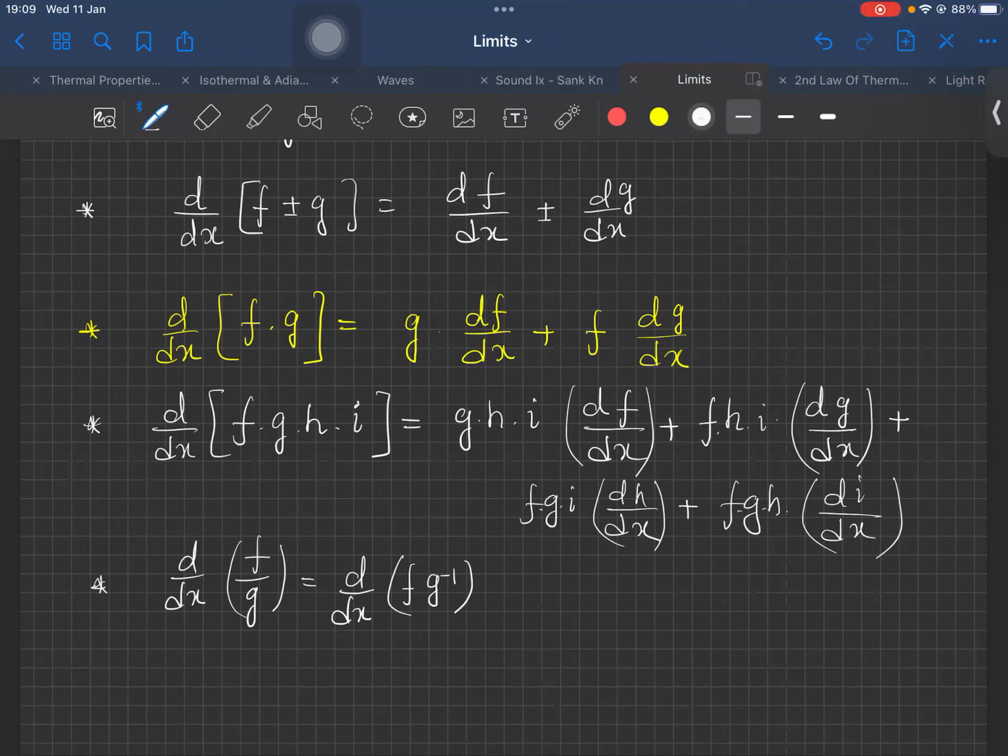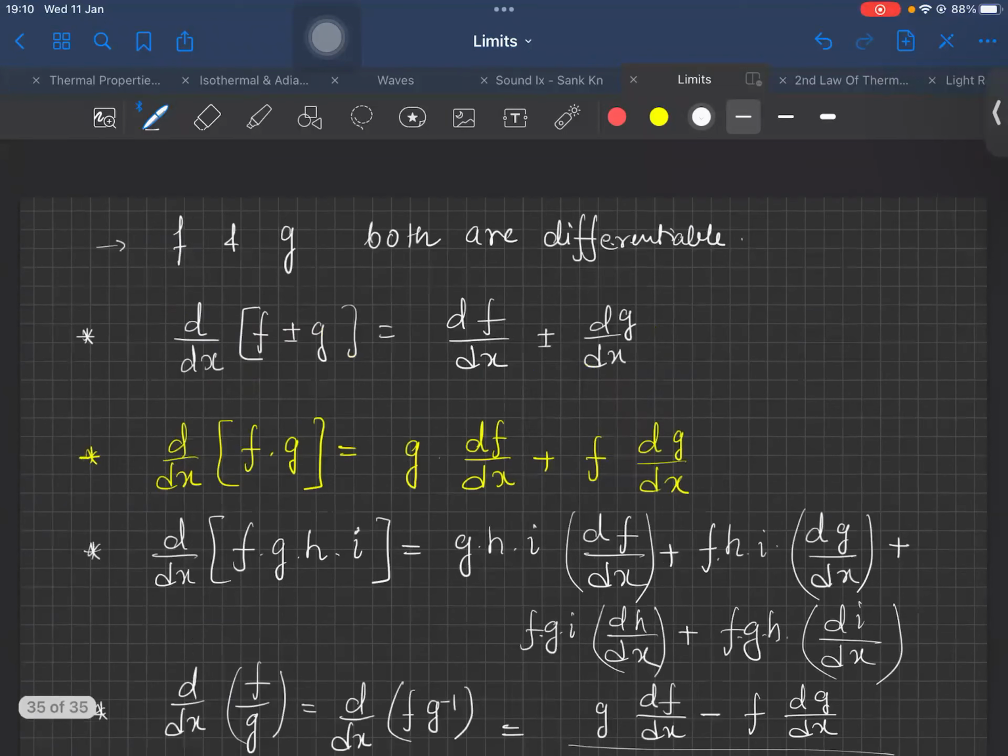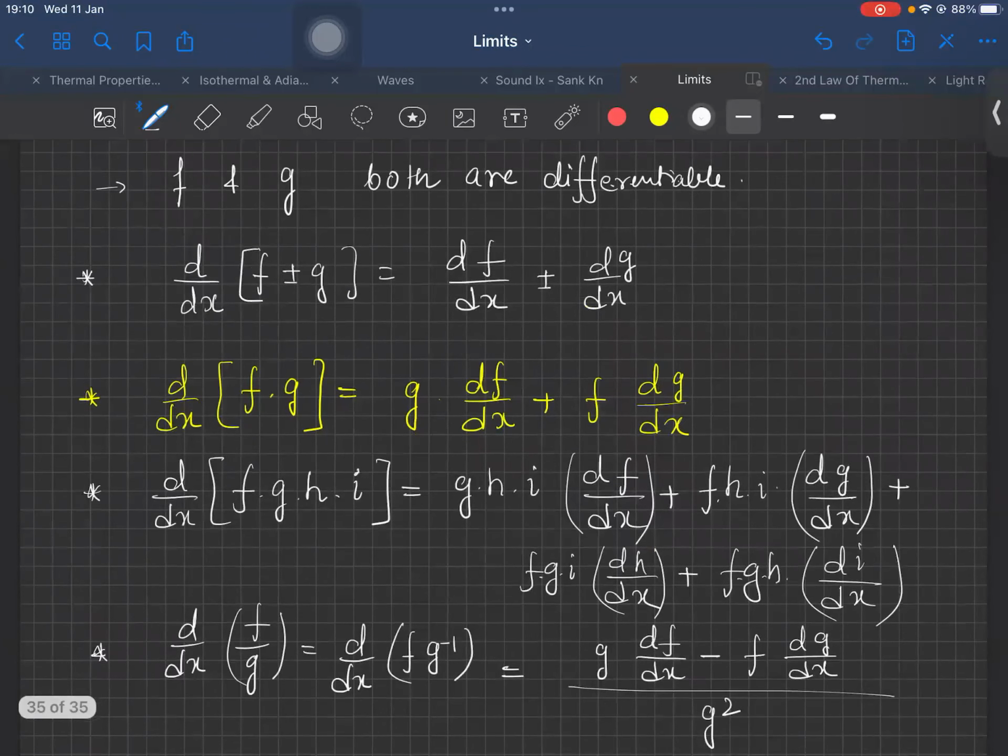So this is equal to, again you'll first keep the second function, differentiate the first function, df upon dx, minus first function into differentiation of second function, whole divided by your second function g square. Of course g is g of x, f is f of x. All right, so these are some of the rules which we are going to follow in order to find differentiation.